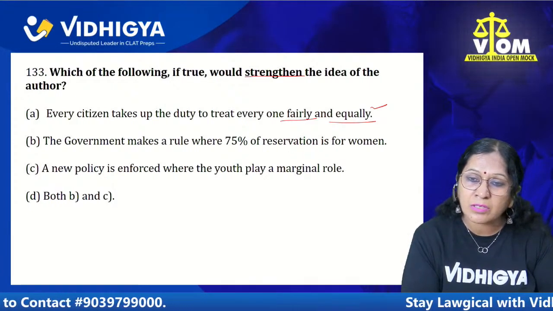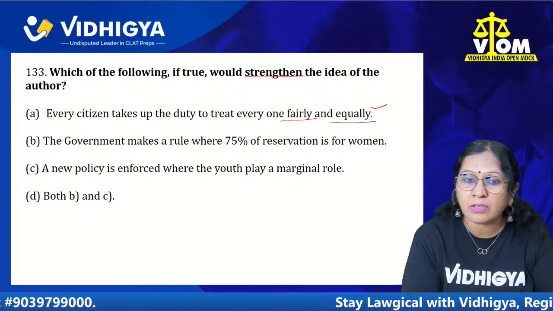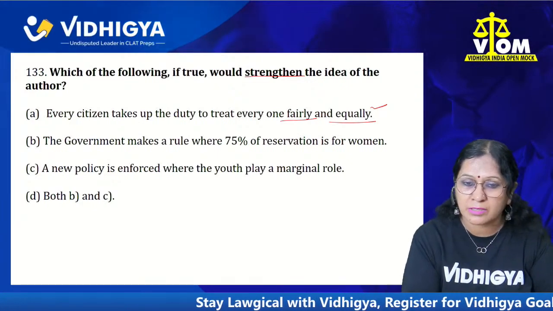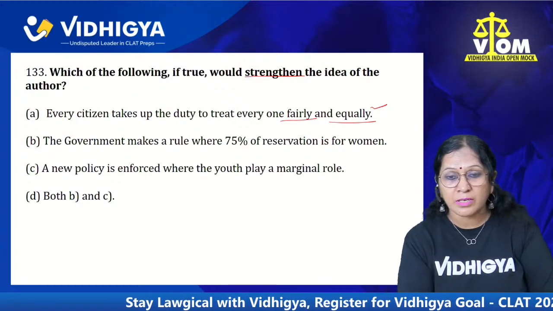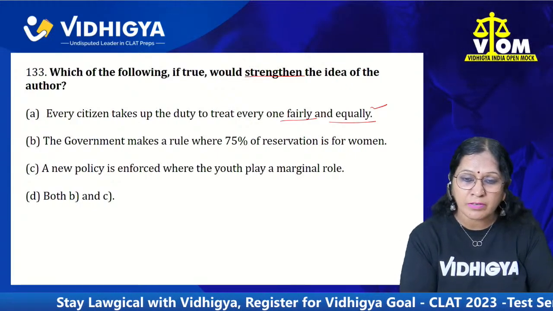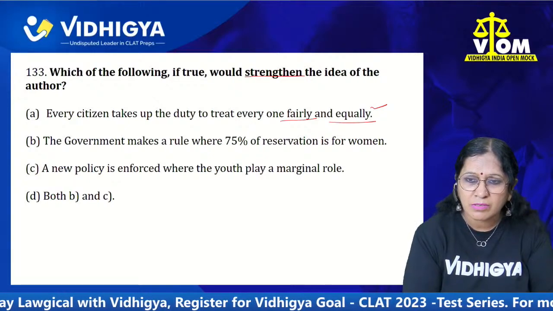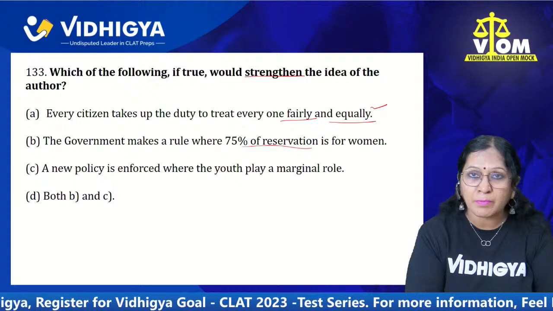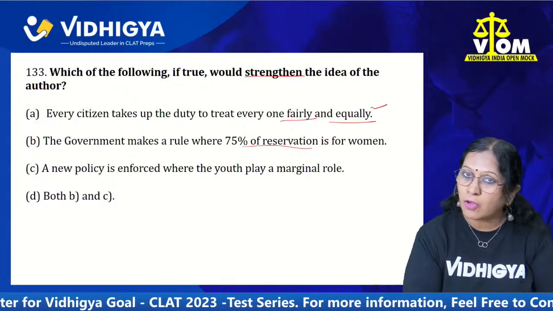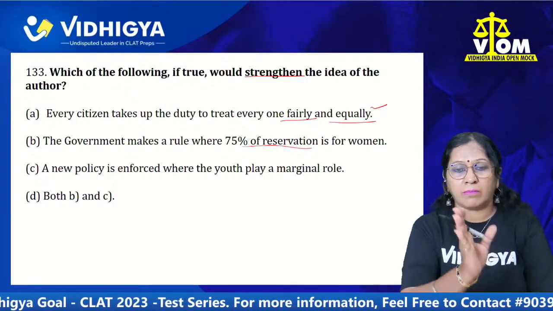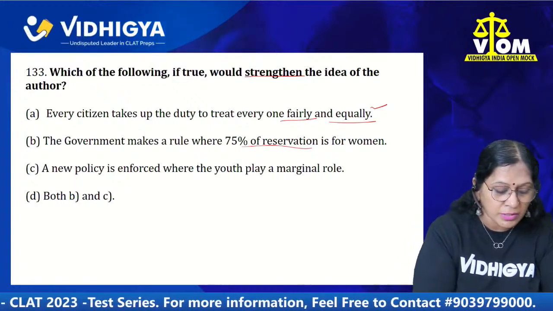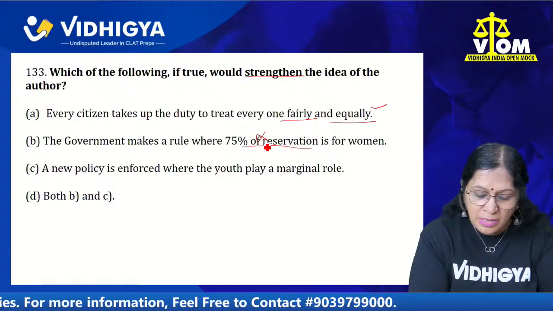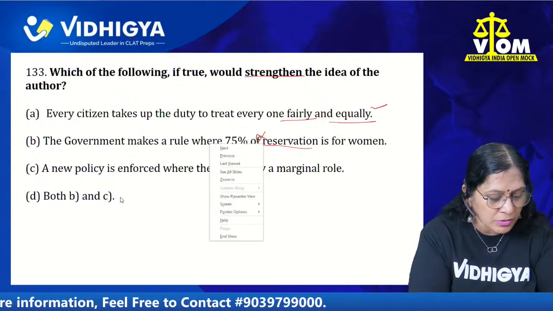Now, would the author agree to this? Yeah, 75% should be there, right? First of all, most of you would find no reservation at all, right? So with 75% of the reservation, then what will happen to the general people? So the author is not one-sided. So this is out. So if this is out, then both B and C are also out.